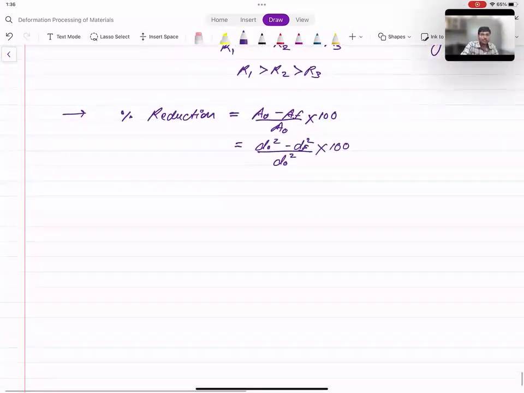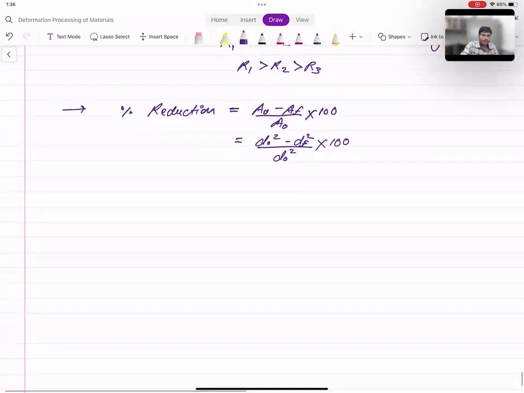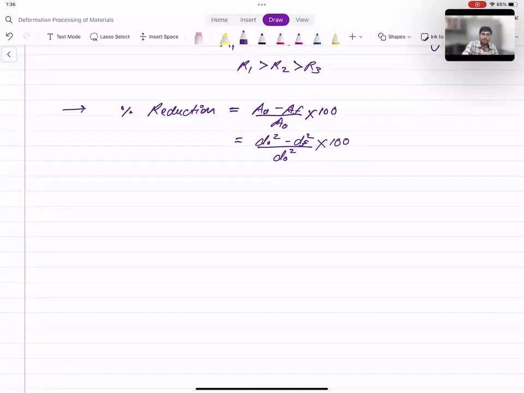Now, some basic requirements for the initial stock or billet: it should be in annealed condition, because it will suffer a lot of deformation during the entire wire drawing process. Initially it should not have any residual stresses or anything like that.